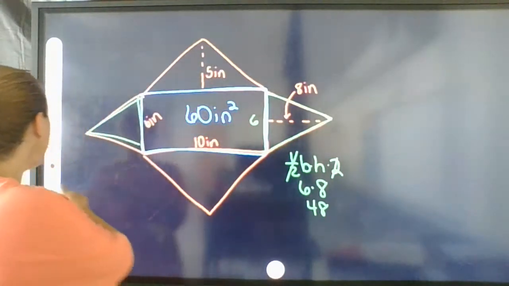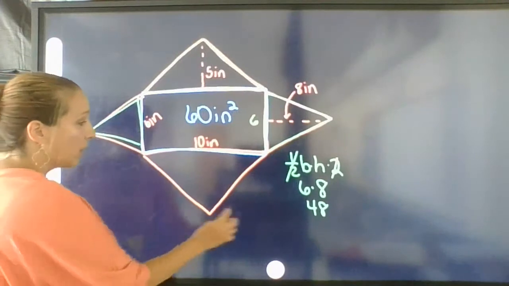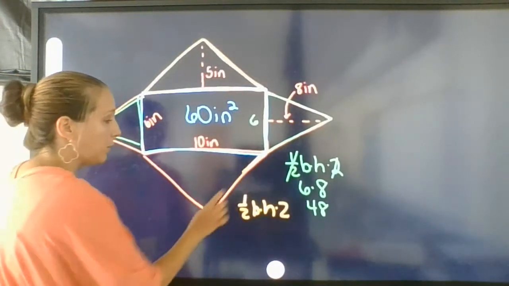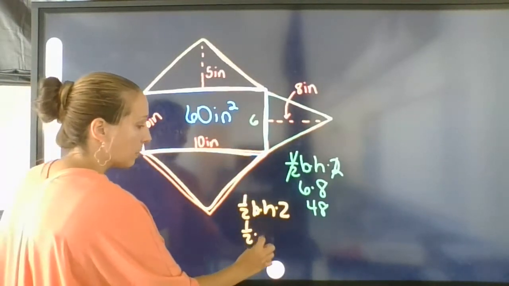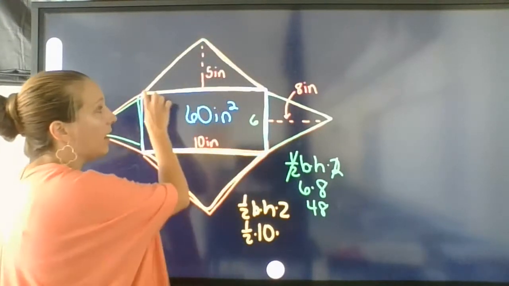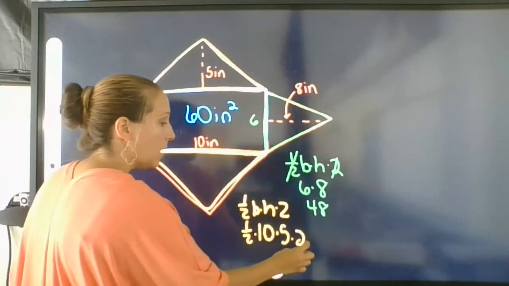Okay, then let's go up here to this one, this triangle. So we have, again, 1/2 base times height times 2, because we have 2 of them. And we have a base of 10, and a height of 5. Because if this side's 10, this side's 10, and the height is 5 on both of them because they're congruent. So that cancels out.